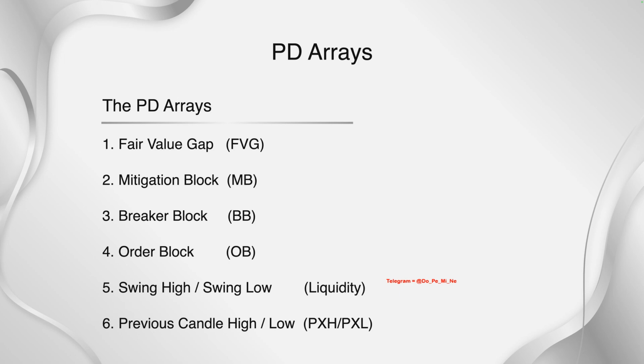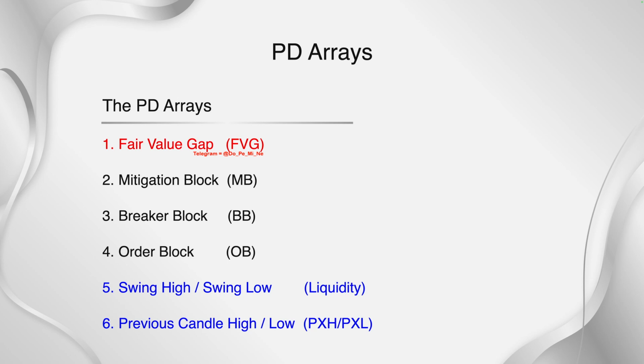So to understand the PD arrays a little bit better, because of course, in itself, these are already quite a lot of PD arrays. As in 6 PD arrays, that is definitely quite a lot to pay attention to overall when you're coming into the chart, especially if you need to pay attention to order flow, all these different things. So can we dissect this and essentially make it easier for ourselves? Yes, we can.